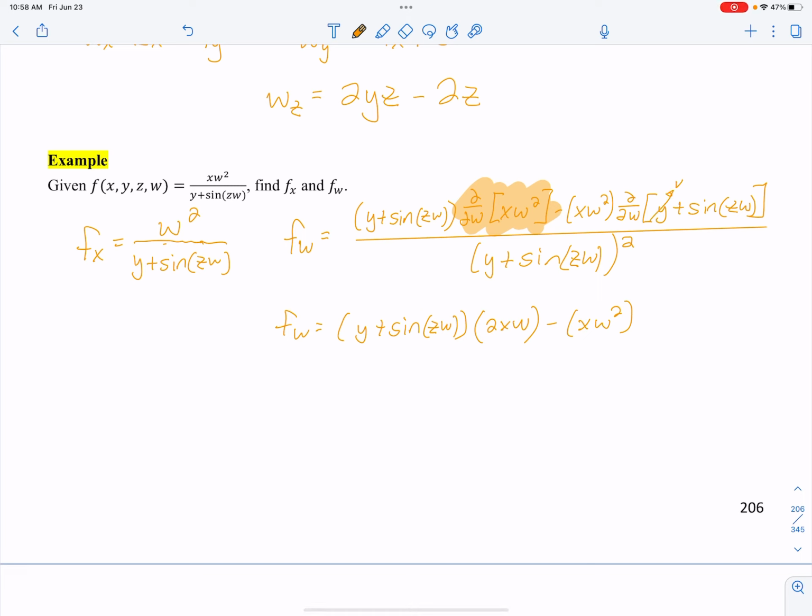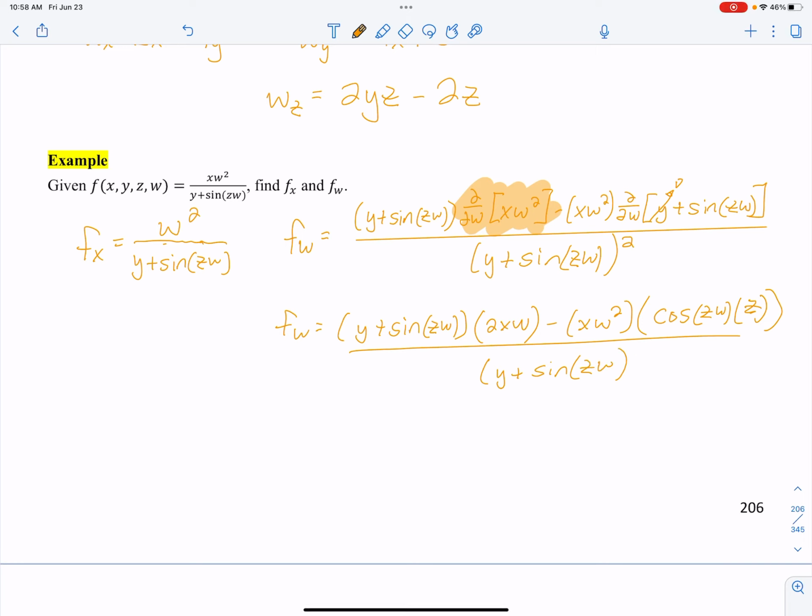That goes to 0. And then the derivative of sine is cosine, and this has been multiplied. Cosine zw times the derivative of zw with respect to w, which is going to be z. All over that thing squared.